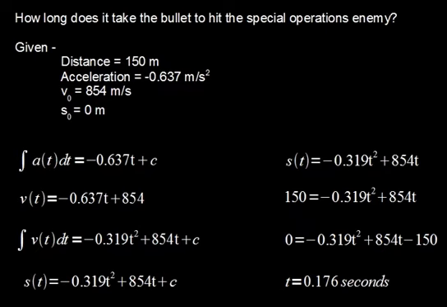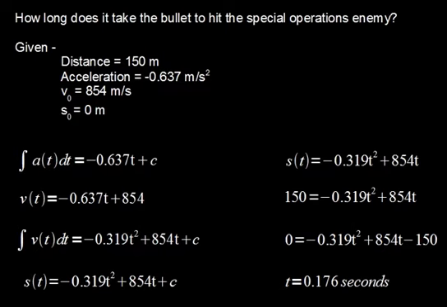So first we do the integral of a of t dt, which is equal to negative 0.637 t plus c. So v of t is equal to negative 0.637 t plus 854 because we use c is equal to v naught, which is 854 meters per second.